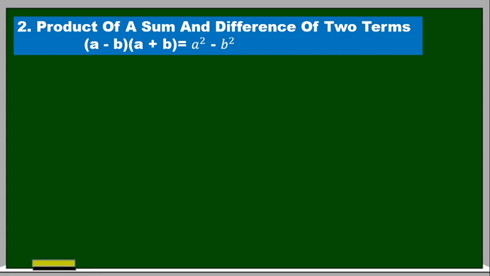The product of a sum and difference of two terms can also be found using the FOIL method. But since this is a special product, we have a shorter or easier way to find its product.